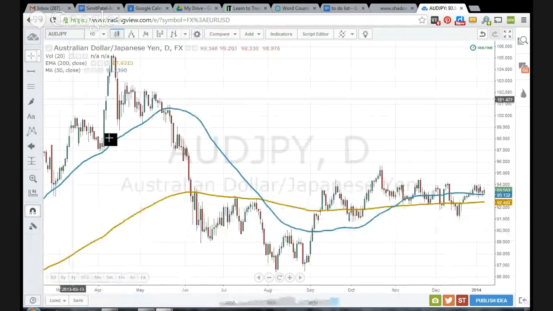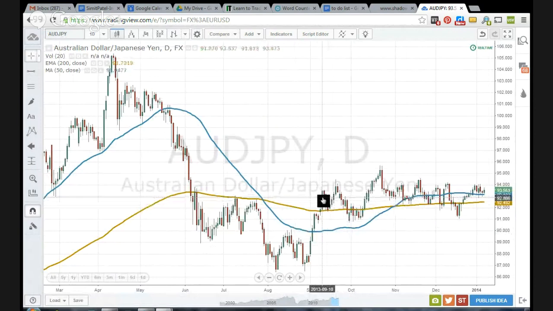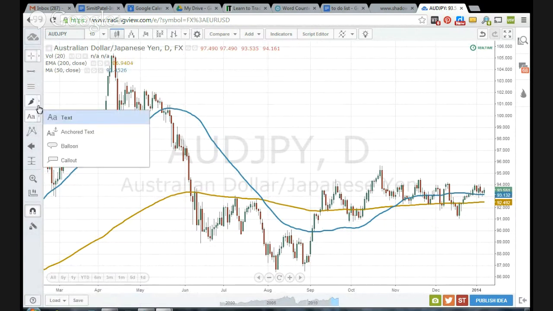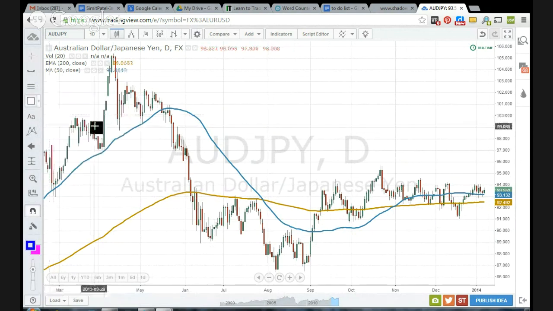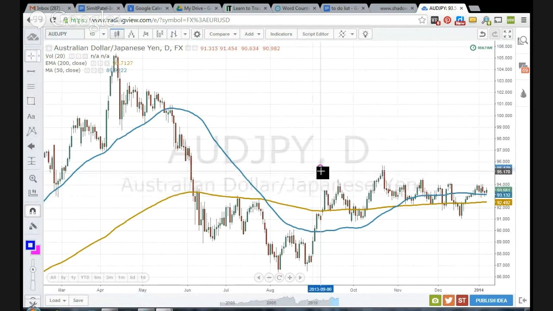Aussie yen. This is the same. We've seen this for a while. We talk about this every day, where it's in that trading range going back to September 2010. Let's actually draw that range just to give an idea. That didn't work out too well.